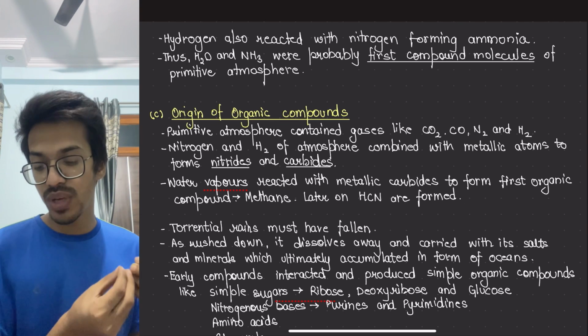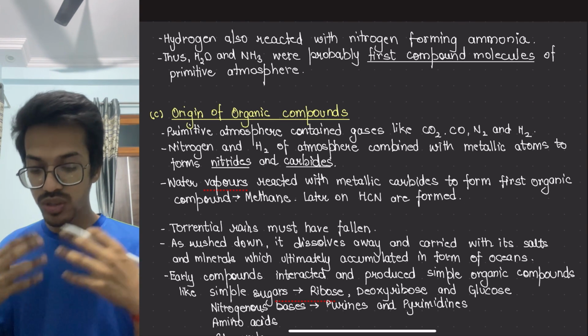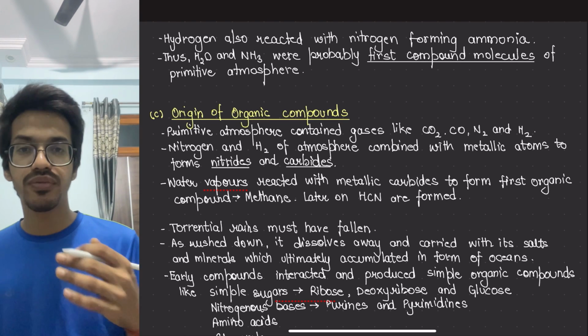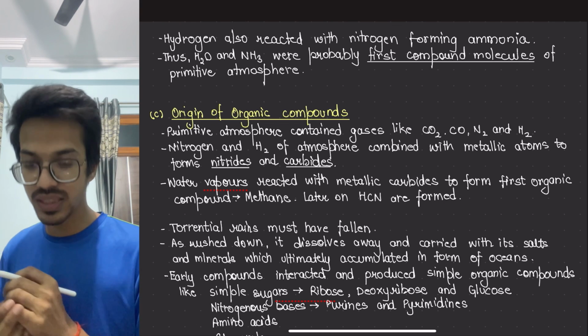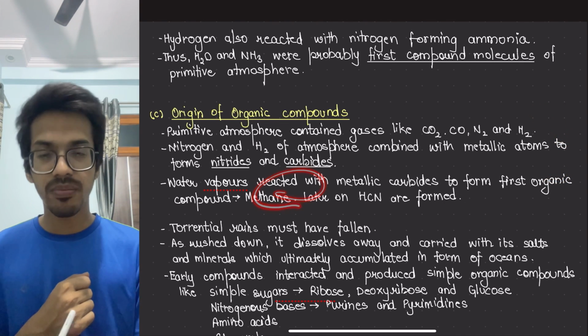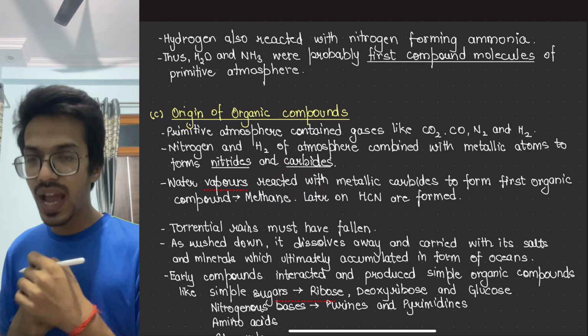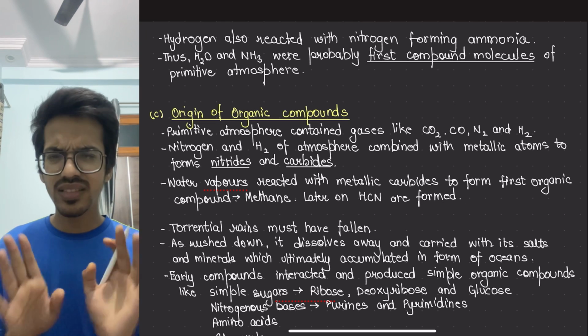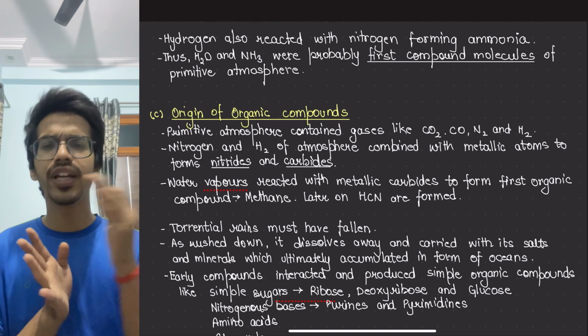But these water vapors also split up and react with different compounds, forming carbides and other things. So many things were forming, and similarly methane was the first thing, and then hydrogen cyanide was formed. Basic things, not much to think about.